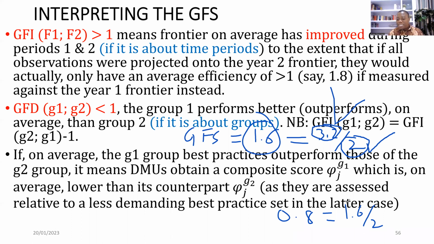So this 1.6 is closer to efficiency than the 2, and that is the one that carries the improvement factor. Of course, this value is not an improvement, but you can see the improvement in it. If you're able to find the deterioration factor, which is 20%, then you know the improvement factor.